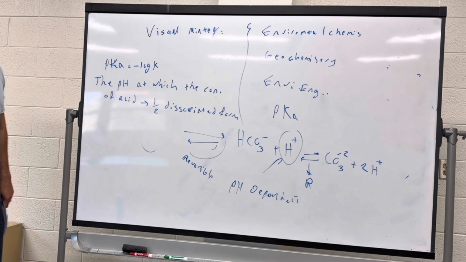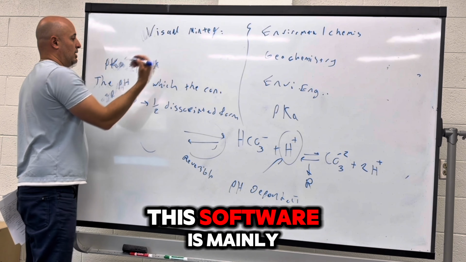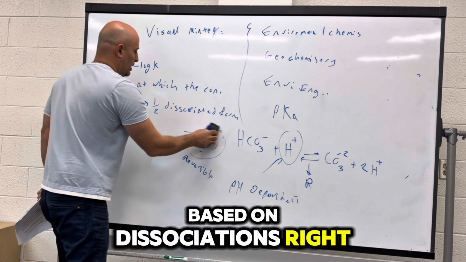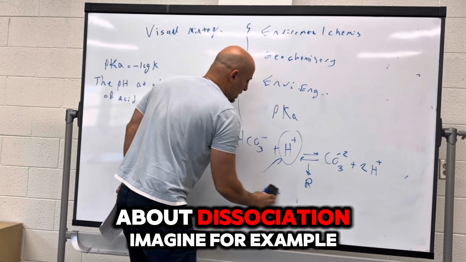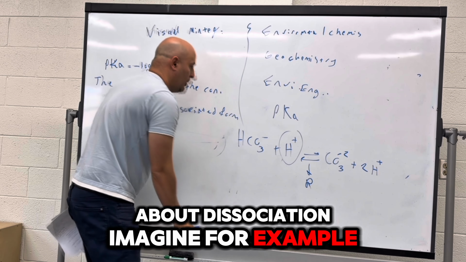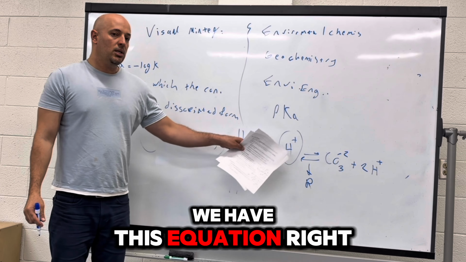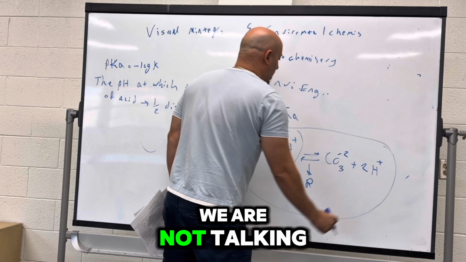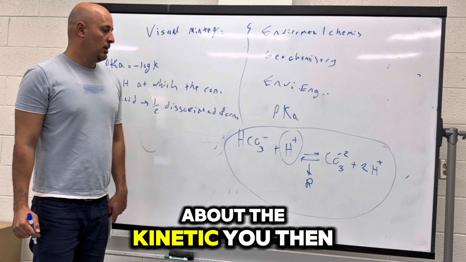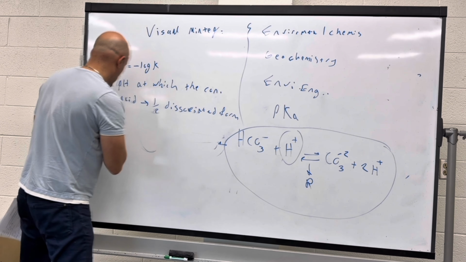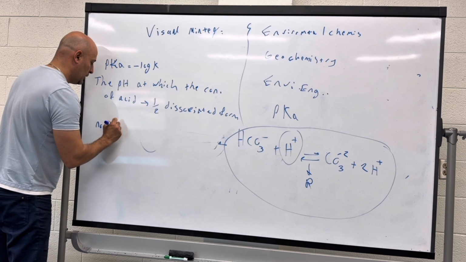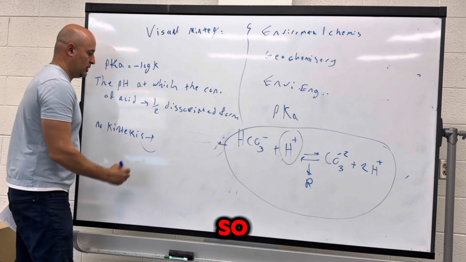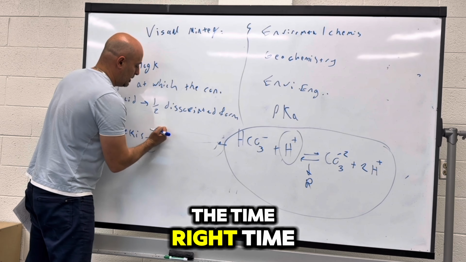So this software is mainly based on dissociations, right? So when we talk about dissociation, imagine, for example, we have this equation. We are not talking about the kinetic. When we say no kinetic, what does that mean? We are not considering the time, right?